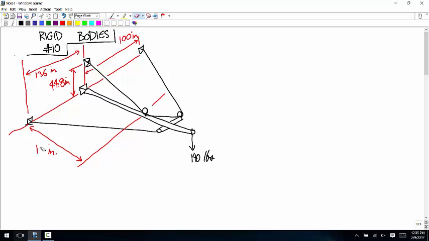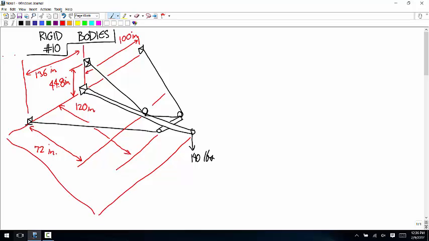This 120 is wrong. That should be 72. And then the 120 goes to here. And then it's 140 all the way to the end.